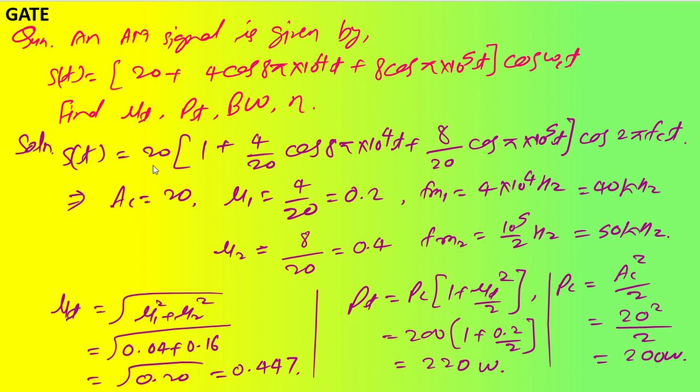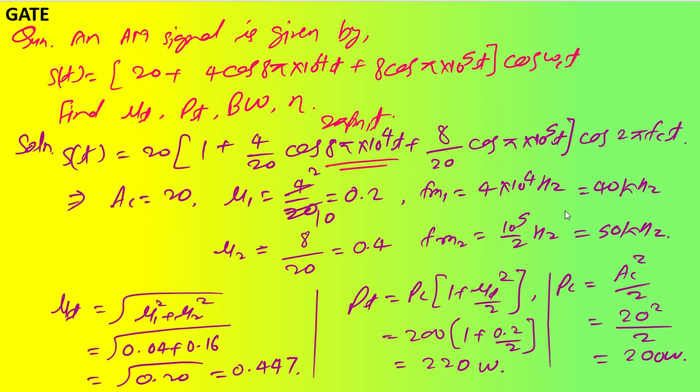A_c is 20, then μ1 is 4/20, which if you cut it gives 2/10, so 0.2. And f_m1 is this frequency, 2π f_m1 t. So f_m1 is how much? Taking 2π common, 4 × 10^4, that is 40 kilohertz.